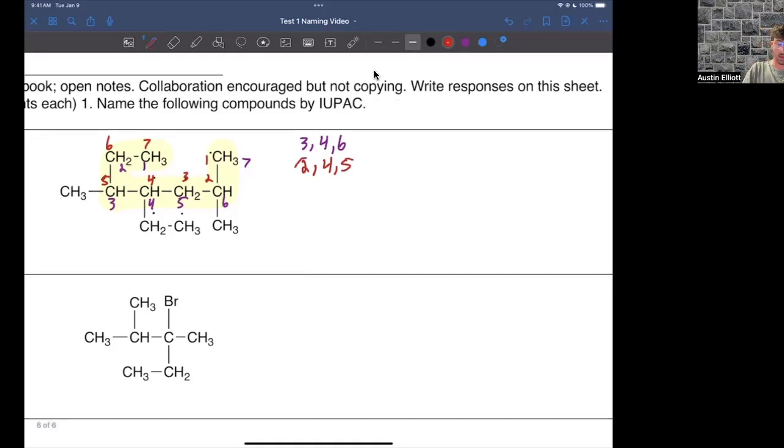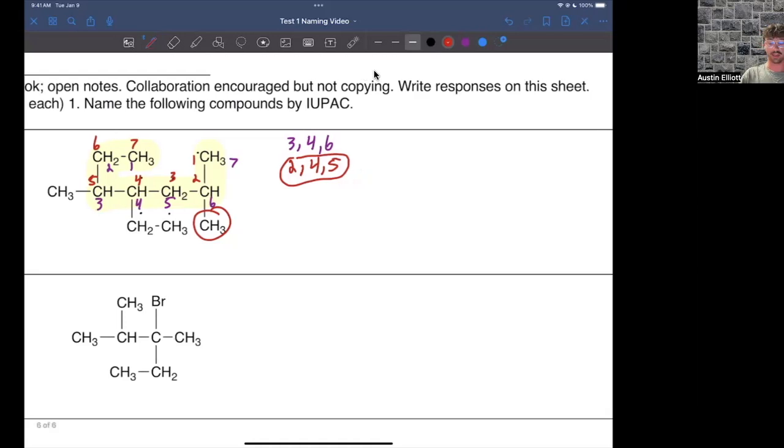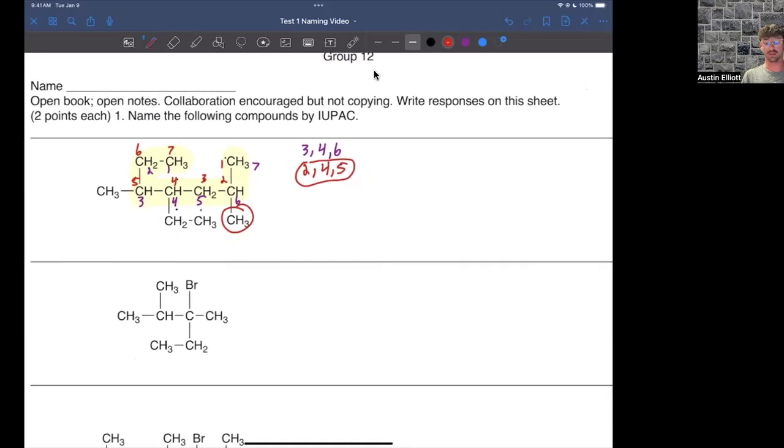With that, we're going to prioritize 2, 4, 5 because you have that methyl group right here on the 2 carbon, and that system is a lot more favorable than our first group on the 3 carbon.